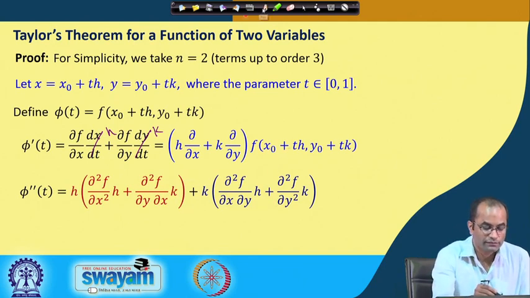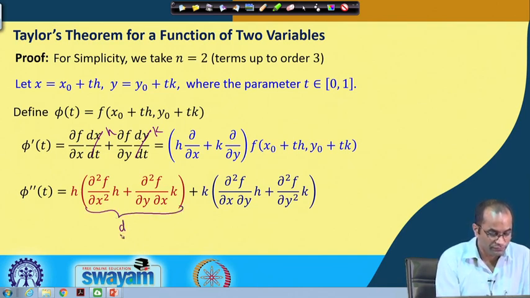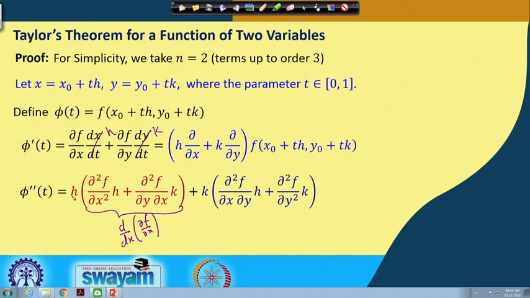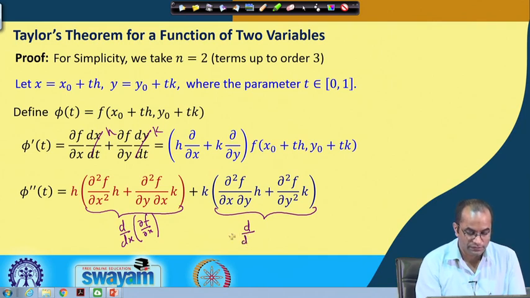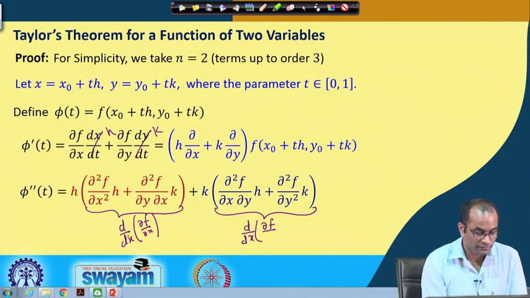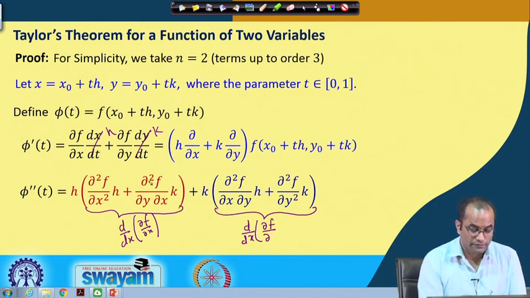Again, to make it more clear, this is the term when we take the derivative of del f over del x, and then this h was already here. Here the k was there, and this is the term which we have computed, d over dt of del f over del y.